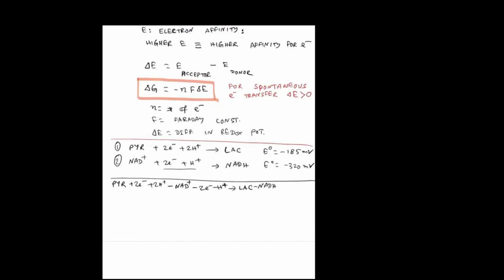And now the delta E is going to be negative 185 minus 320, so basically negative 185 plus 320. So plus 135 millivolts.